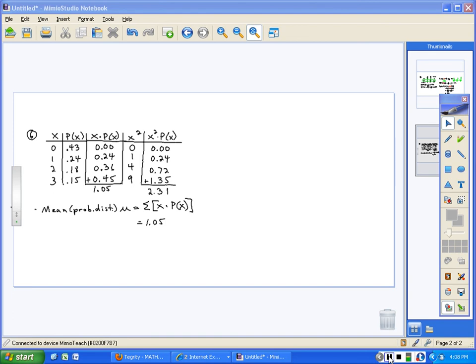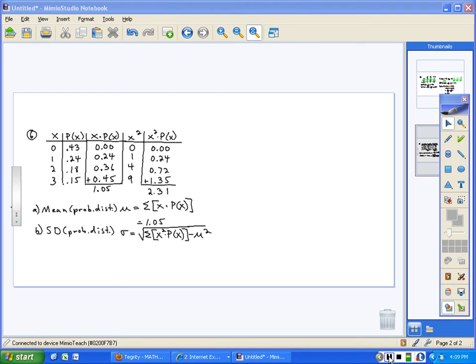Okay, and now we're going to get the standard deviation. I guess the mean was part A, and the standard deviation is part B. So the standard deviation of a probability distribution, sigma, is equal to the square root of summation bracket x squared times p of x close bracket minus mu squared.